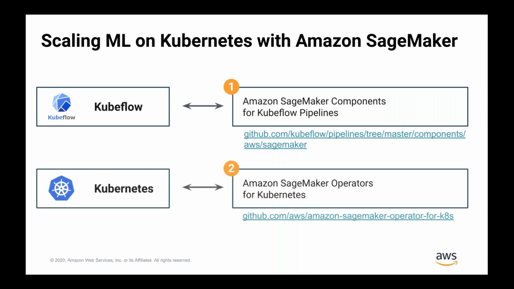And similarly, on Kubernetes, we offer more low-level integrations with the Kubernetes control plane to execute jobs directly on SageMaker as well. So if you have your own orchestration tool, your own built-in Kubeflow in your company, you can then leverage our Kubernetes operators, which then can execute jobs on SageMaker based on how your orchestration platform executes.